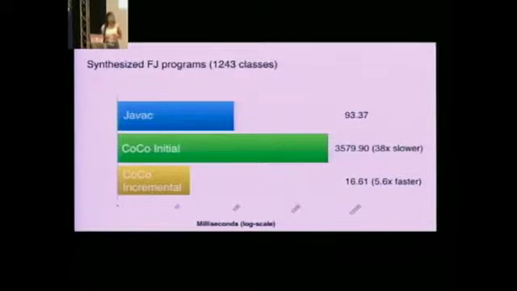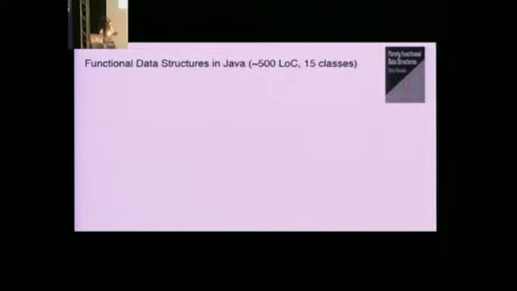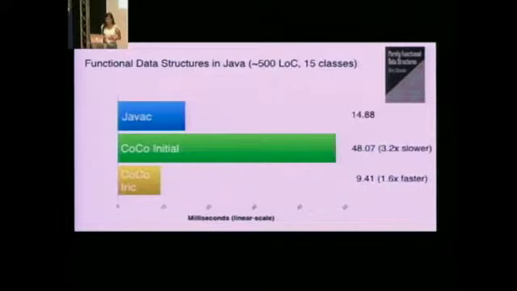These were just the most representative results, because we have a larger set of evaluation. Now for the realistic Java programs, we used functional data structures like trees, the Belen trees and Erdweg trees, which are about 500 lines of code. Again, the initial run is slower, 3.2 times slower, and the incremental run is faster by 1.6 times.